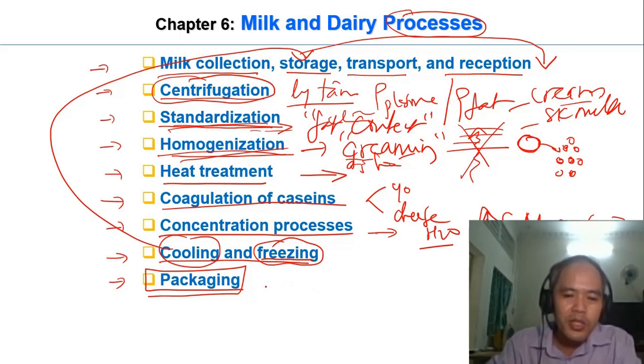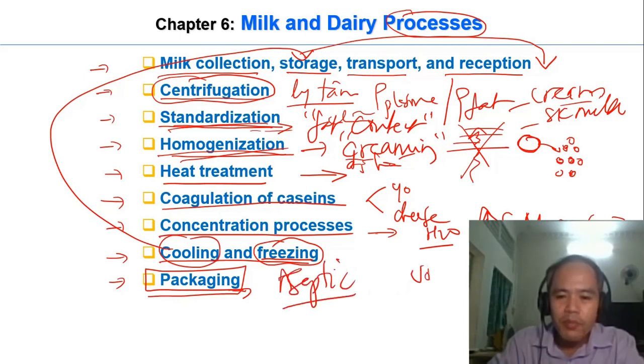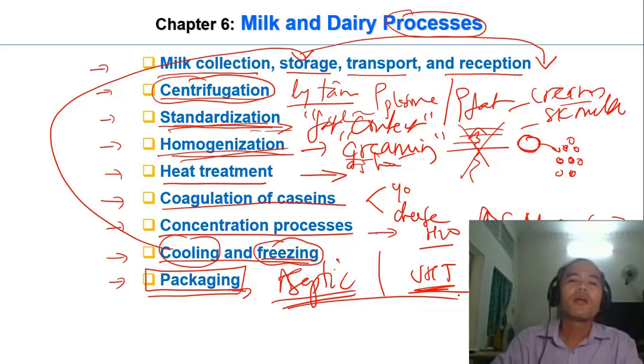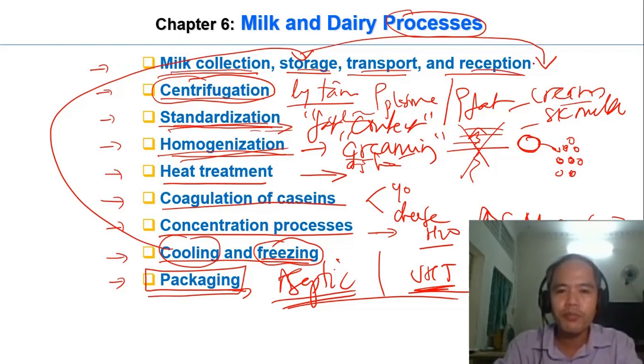And with packaging, we can also carry the information for the product. In the dairy industry, it's very important to have aseptic packaging, which is applied after UHT treatment. Then we do aseptic packaging, so we discuss the principle of these processes as well. Right, so now we start first with the first part, milk collection, storage, transport, and reception.